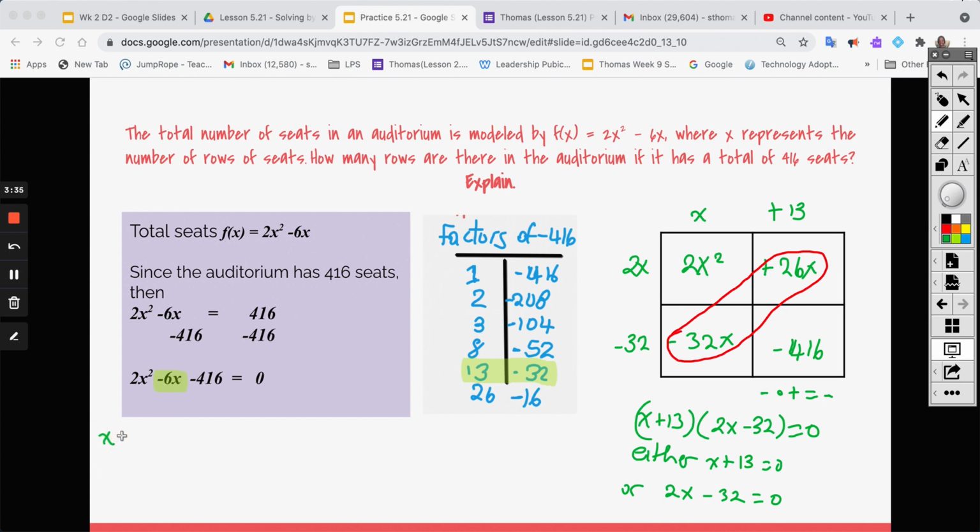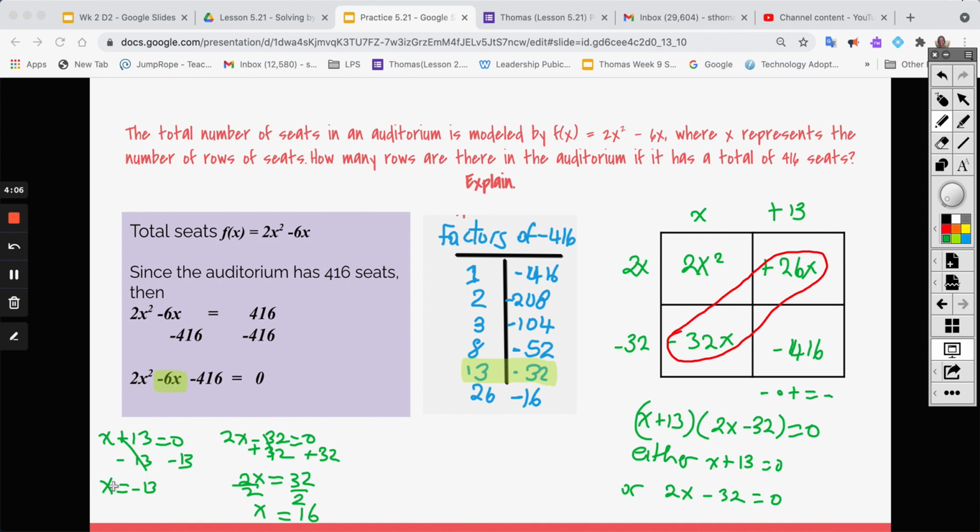So if x plus 13 is equal to 0, then I'm subtracting 13, which means x is equal to negative 13. Or if 2x minus 32 is equal to 0, I'm adding 32, which means 2x is equal to 32, dividing by 2 on both sides. X would therefore be equal to 16.